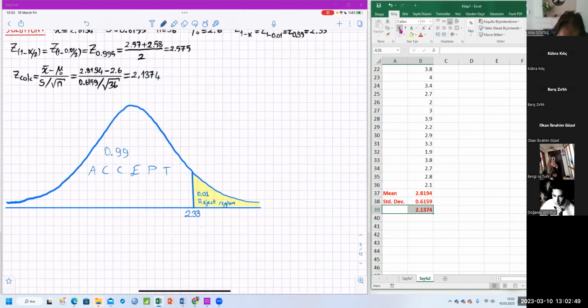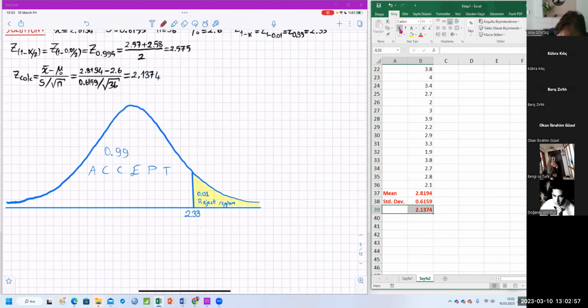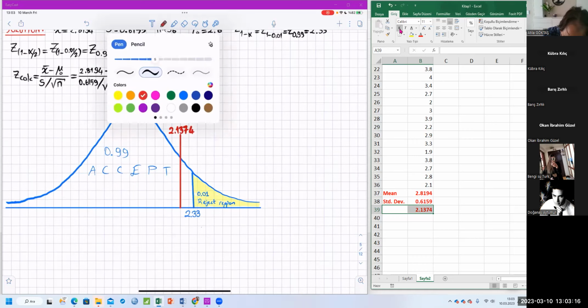The calculated statistic is simply falling within the accept region because it's smaller. So I will have a line somewhere here, perhaps. It's 2.1374.